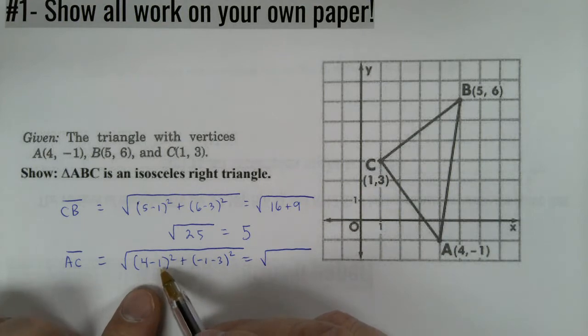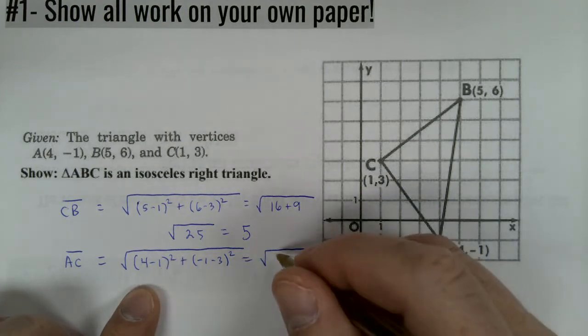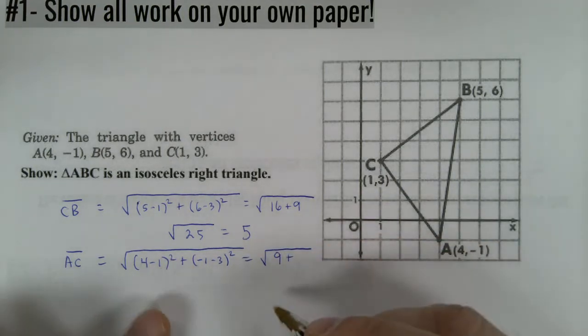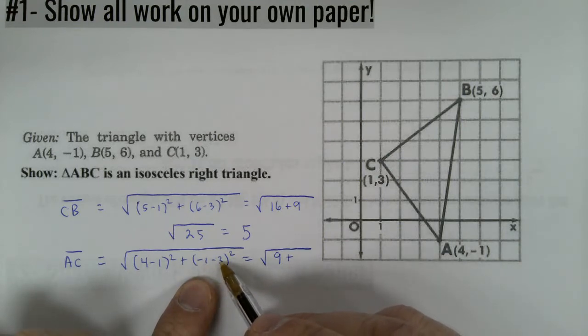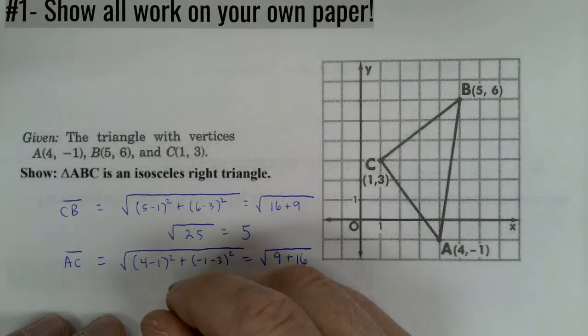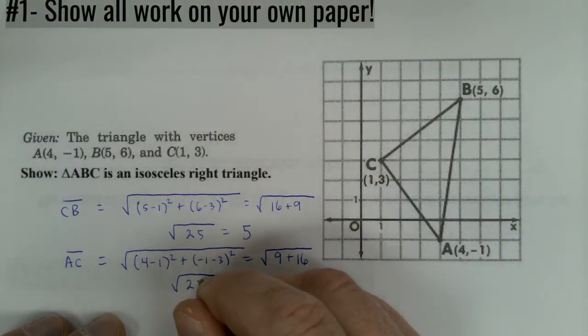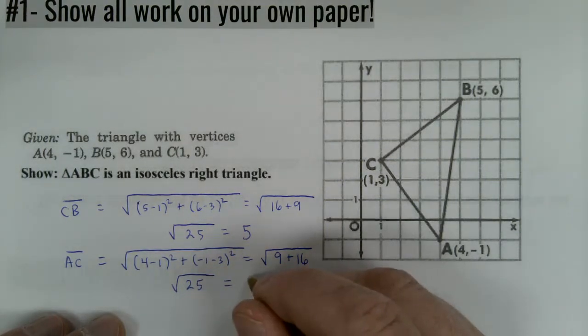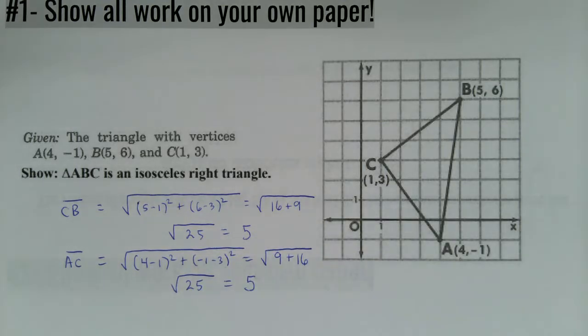Well, 4 minus 1 is 3. 3 squared is 9. -1 minus 3 is -4. -4 squared is 16. So once again, you can see I'm getting the square root of 25, which is 5.